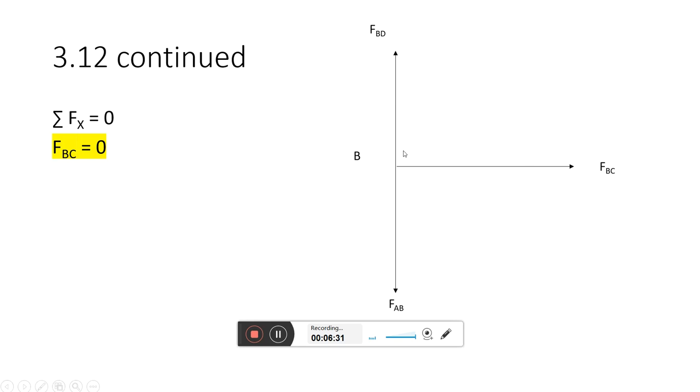So for BC, as you can see, that's just 0 because there's no forces on the x-plane.